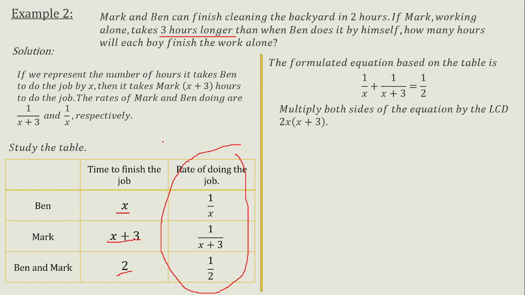How to find the LCD? Let's focus on the denominators. We have here x, x plus 3, and 2. Since they have nothing in common, to get the LCD, just multiply the 3 terms. So x times x plus 3 times 2, the result will be 2x times x plus 3.